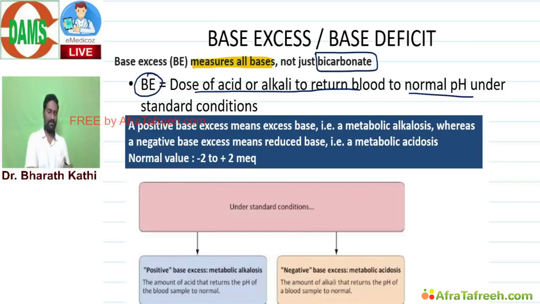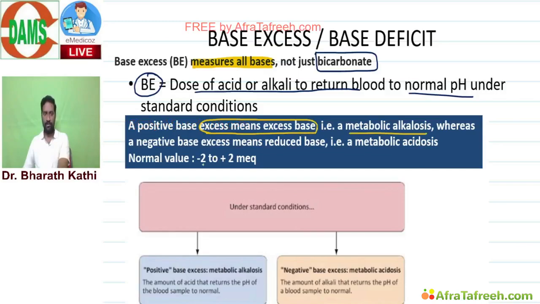Under standard conditions, what is the dose of acid? If the blood is more alkaline, what is the dose of acid to bring it to normal? If the blood is more acidic, what is the dose of alkali to bring the pH to normal under standard conditions? If there is a positive base excess, in very simple words, it means excess base, that is metabolic alkalosis is present.